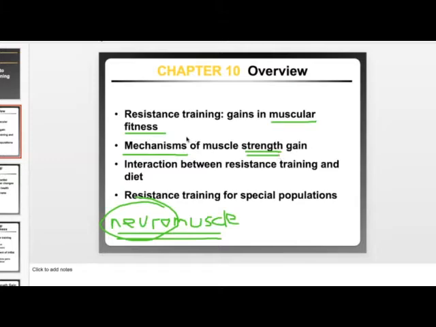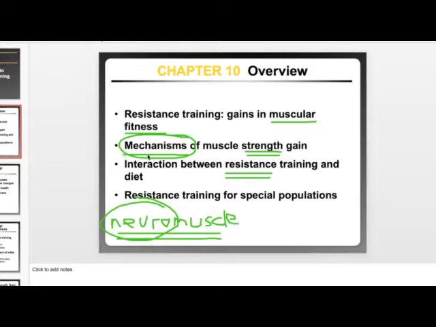Those mechanisms are designed to increase strength without having to increase the metabolic demand of that strength increase. So what's going to happen first is the brain is going to send signals to the muscles more effectively. Eventually, when the brain can't adapt anymore, but the person is still trying to lift more and more weight, then the only thing left for the body to do is start to make muscle.